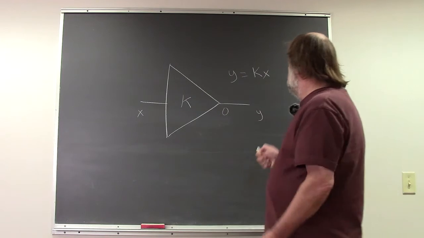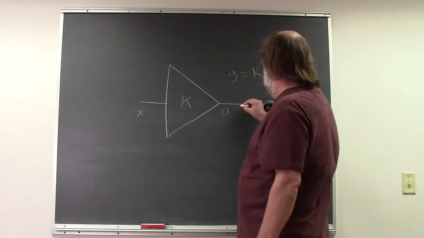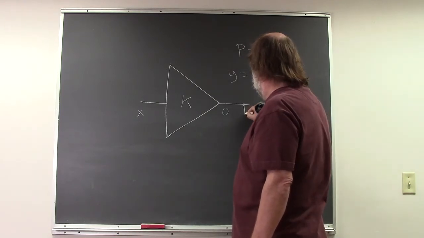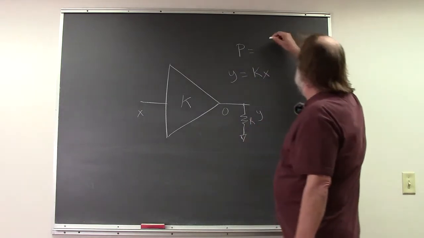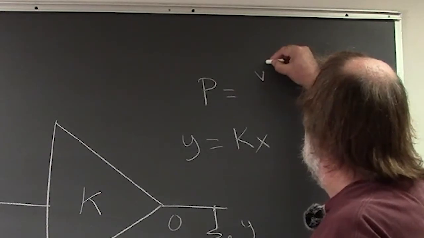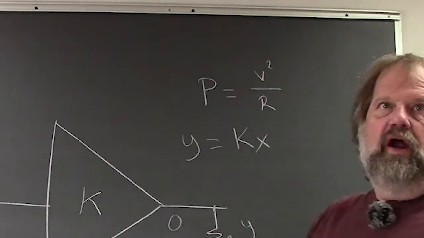Well, the first thing it means is that we have a relationship in a power amplifier that, if we assume we have a load here, we'll call that a resistor for the moment, R, then P is going to equal the voltage swing squared divided by R, where V is the RMS voltage.